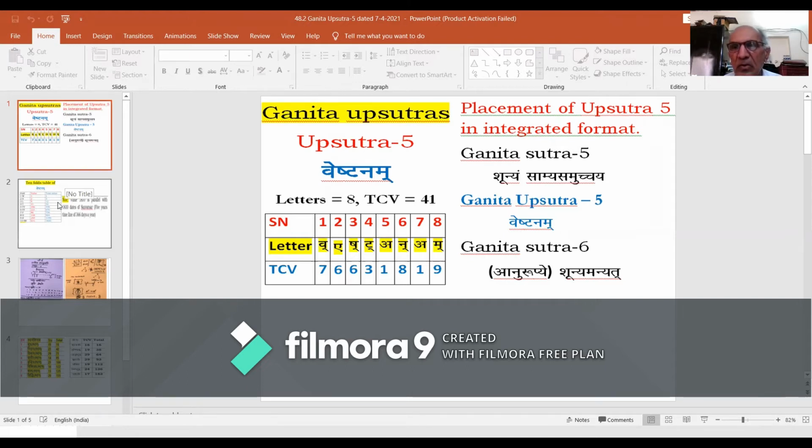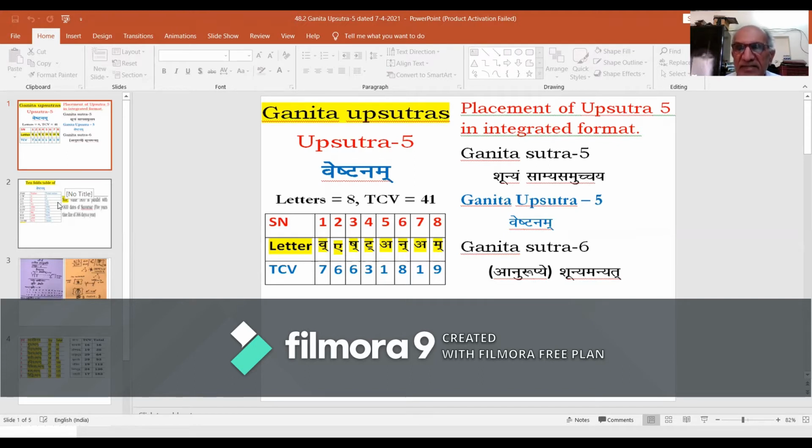Now, let us visit the placement of Upsutra 5 in the integrated format of sutras together.